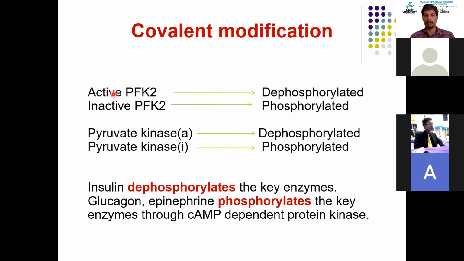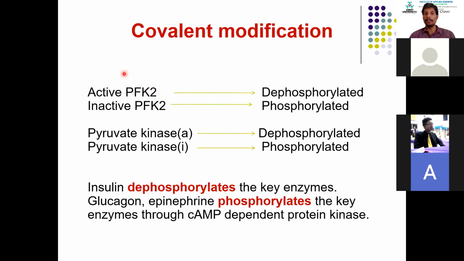There are some signals, for example, insulin. Insulin is a hormone, as all of you know. It will maintain the glucose metabolism, right? So how will it maintain it? Insulin dephosphorylates the key enzymes like pyruvate kinase and phosphofructokinase. What is the function of insulin? Dephosphorylate. When it is dephosphorylated, what is going to happen?